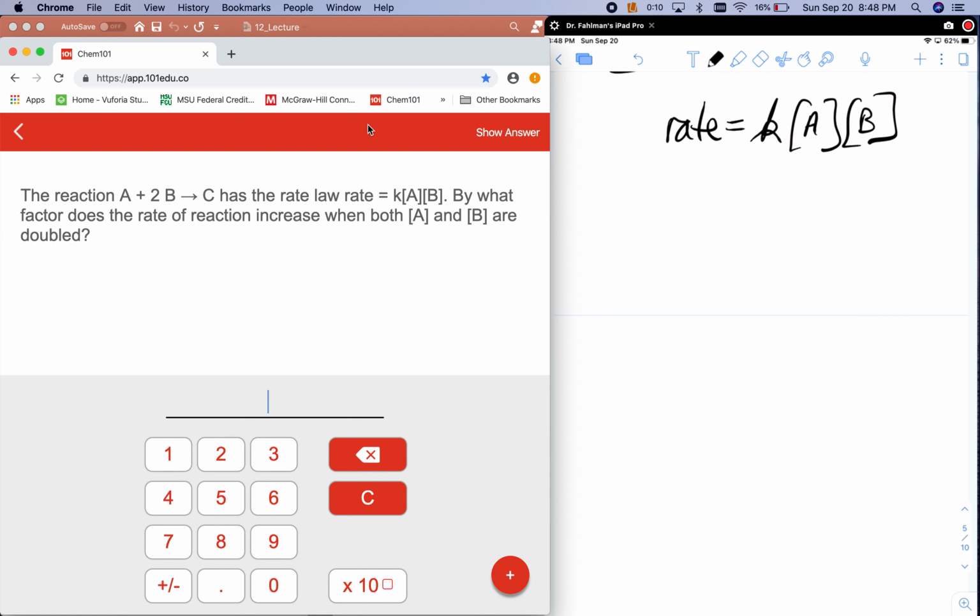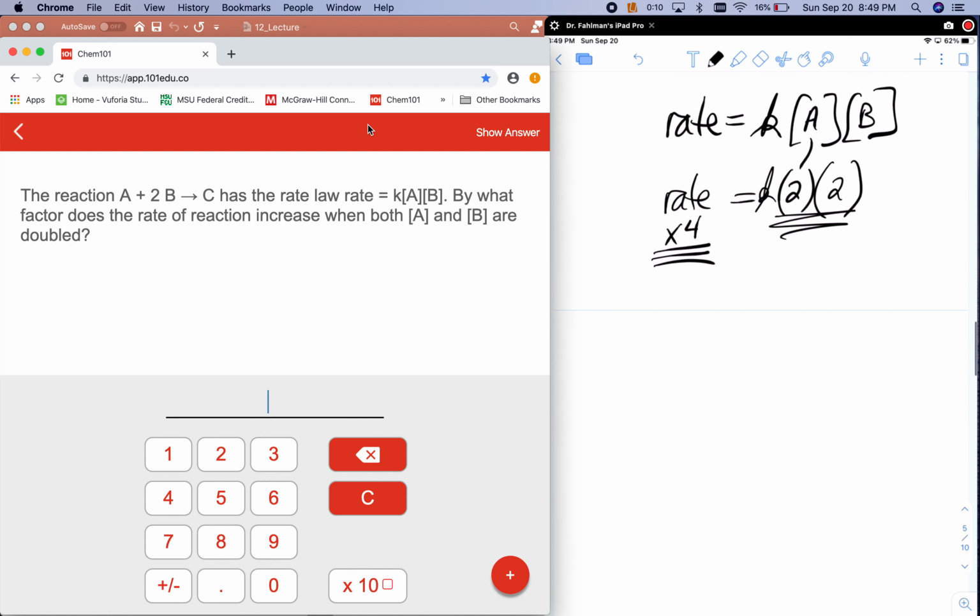So if we change this by a factor of 2, and that is also by a factor of 2, does everybody see that the rate will go up by a factor of 4 if they're both doubled?